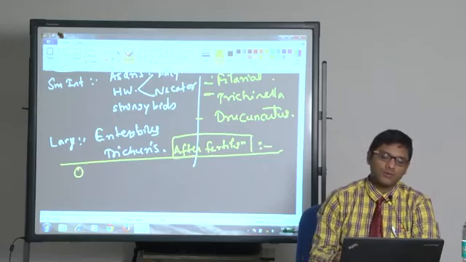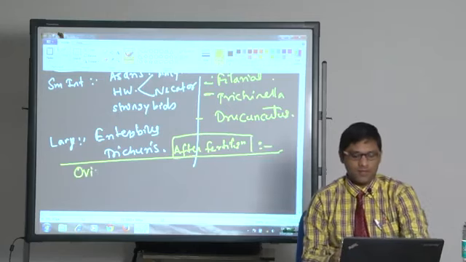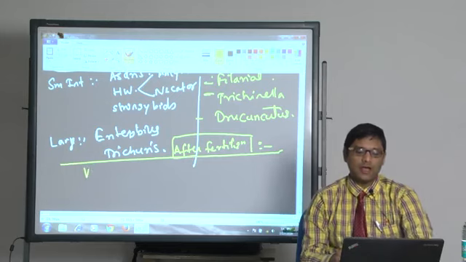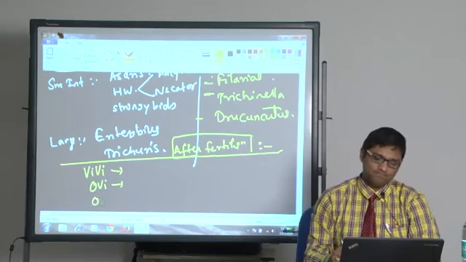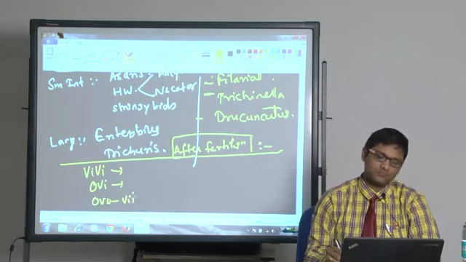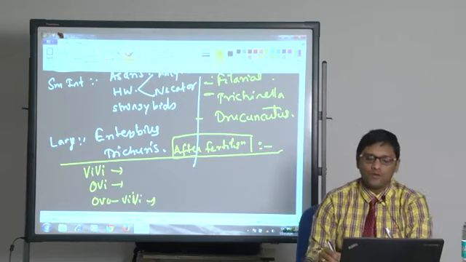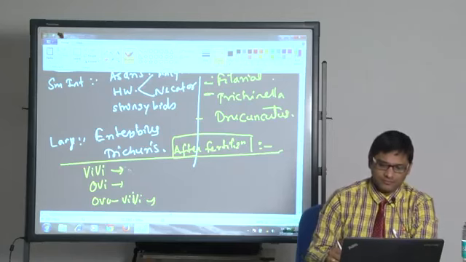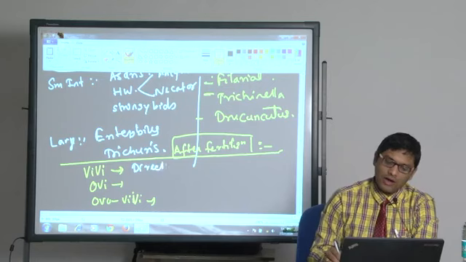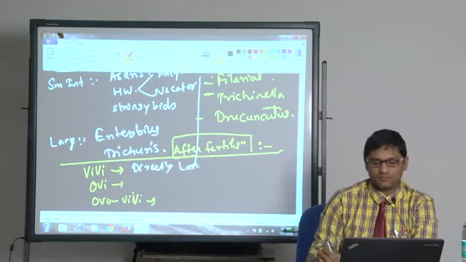You can also classify the nematodes based on what will be produced after fertilization. Accordingly, they are classified as oviparous, viviparous and ovoviviparous. Viviparous: after fertilization, directly larva is produced.